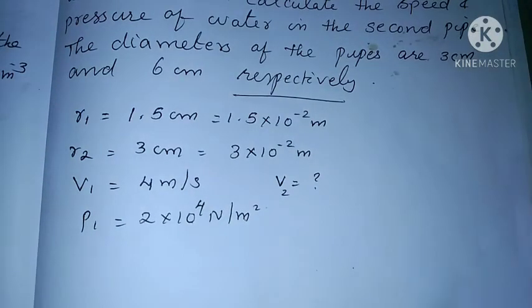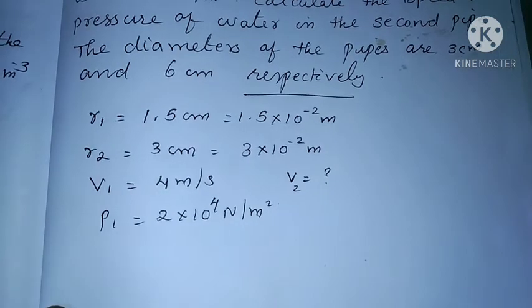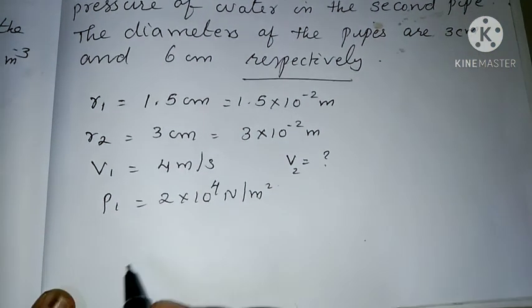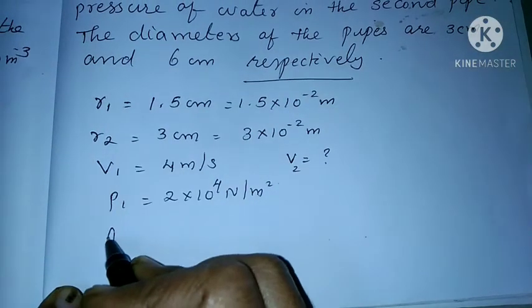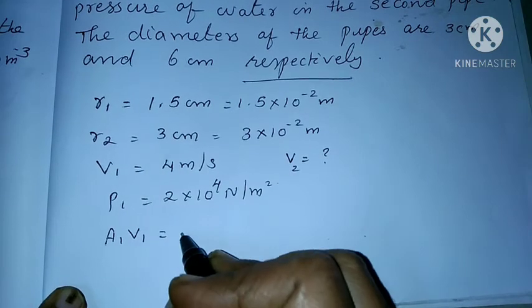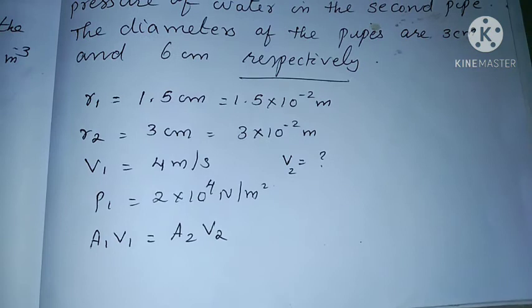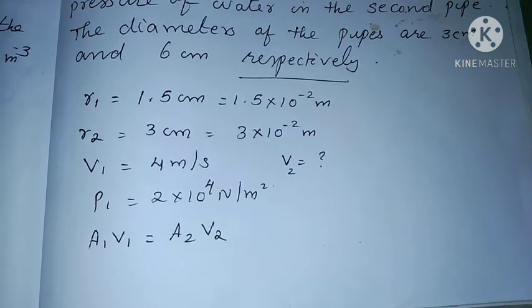Then you want to find out V2 and P2. So first you want to find out V2 by applying the equation of continuity. You know that the equation of continuity is A1 V1 equal to A2 V2. A means the area of cross section of the pipe, that is pi r square.